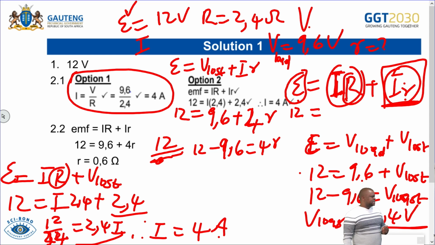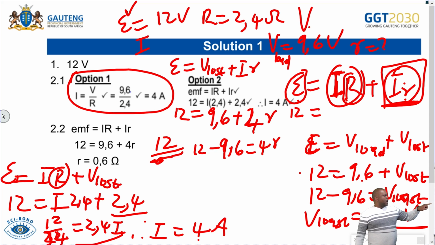It is 9.6. We get these two values from the graph. Then we know that we calculated our current to be 4. This is the 4 amperes that we calculated. We're going to put it here.